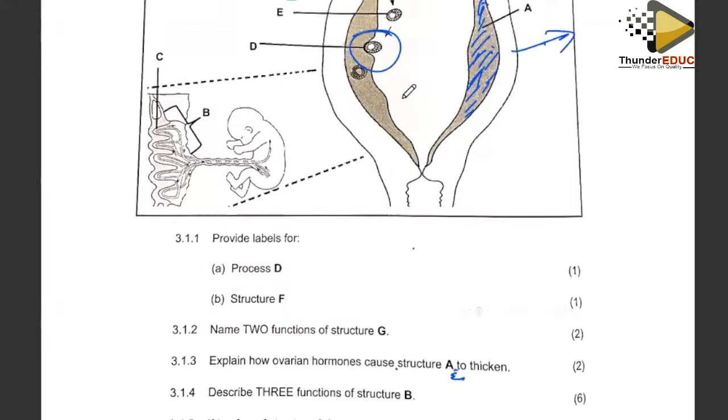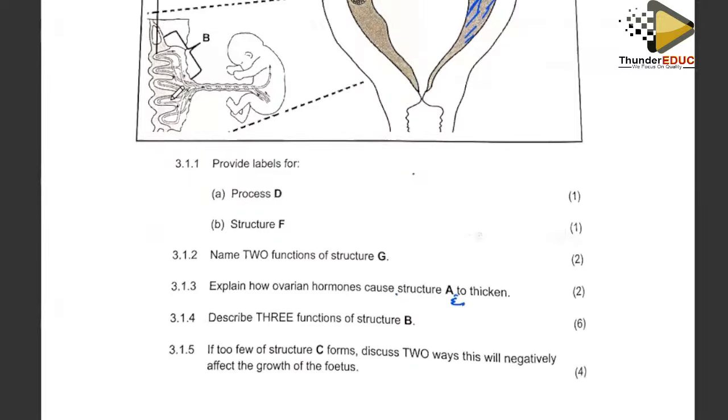So what is going to happen? First of all, toxins are going to build up. You won't be able to remove those wastes. Number 2, the fetus might die because there is no nutrition. The baby is not being fed, so it can lead to the death of the baby. Yes.